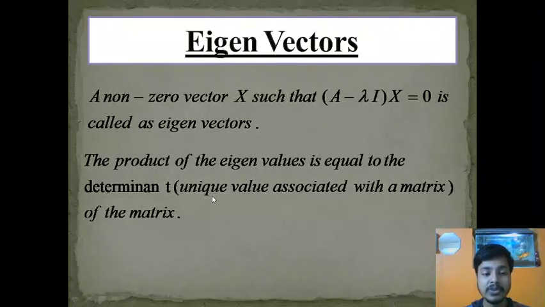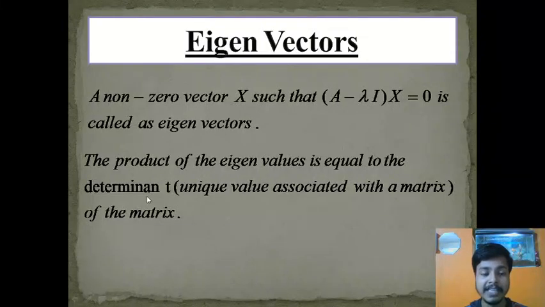As I said, those students who are very much interested in the Indian Engineering Services, that is IES, or the GATE examination, in that examination you may encounter some questions based on these remarks, depending on determinant, trace and eigenvalues.